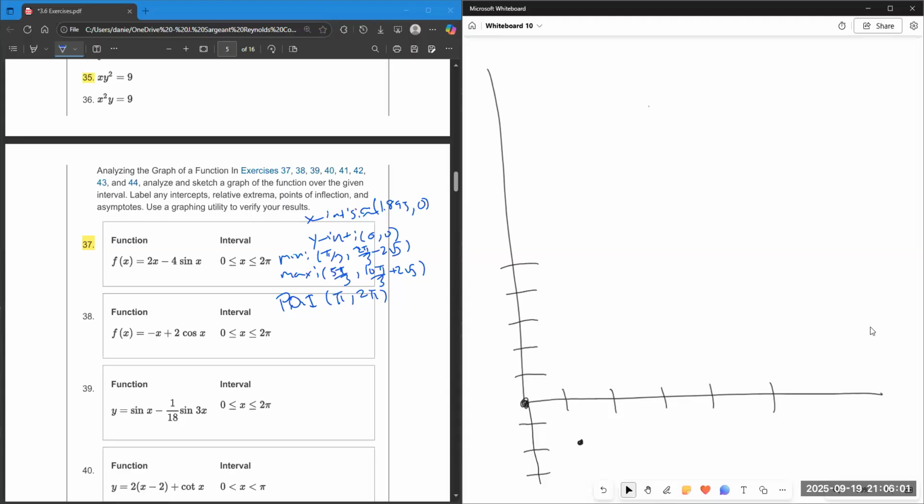And then we're going to go through 1.8 something over here, 1.9. And then at pi, which is roughly there, we have a point of inflection, x-intercept. This is my min. And then I have a local max at 5 pi over 3, which is not quite at 2 pi.